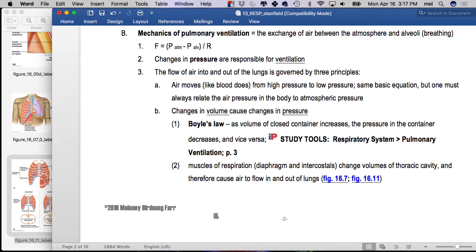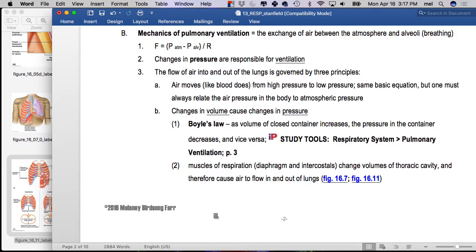So if we look at the mechanics of pulmonary ventilation, we will see that basically what we want is flow. And we learned something about flow when we did the cardiovascular system. We learned that the general predictor of flow is F equals the difference in pressure between 2 points over some resistance that you have to consider. So with cardiovascular system, it was delta P over R because the two P's weren't always the same.